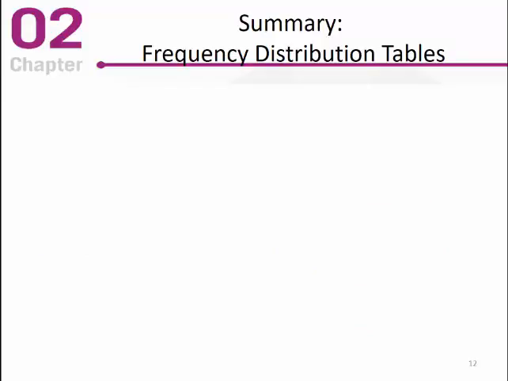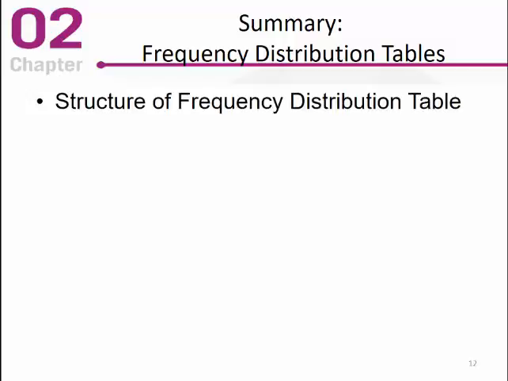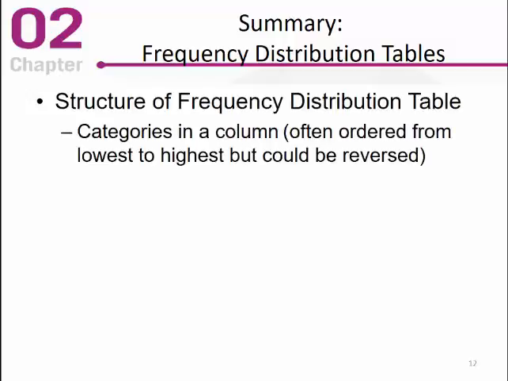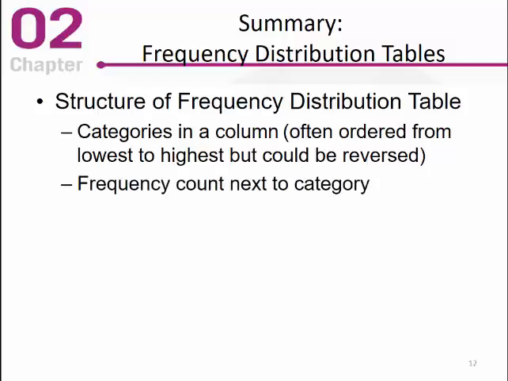So in summary, when we look at the frequency distribution tables, the structure is that we have the categories in a column, and they are often ordered from lowest to highest, but it could be reversed, so it could be highest to lowest, and you will see that a lot in the textbook. Then you have the frequency count on the right next to the category, in the next column.